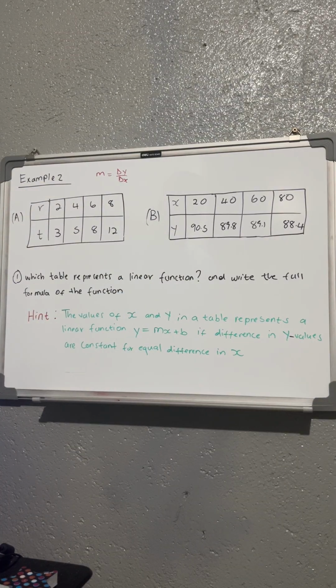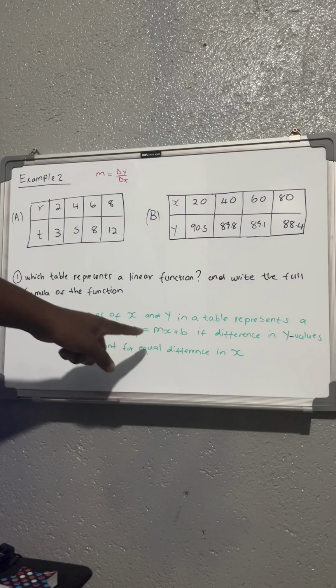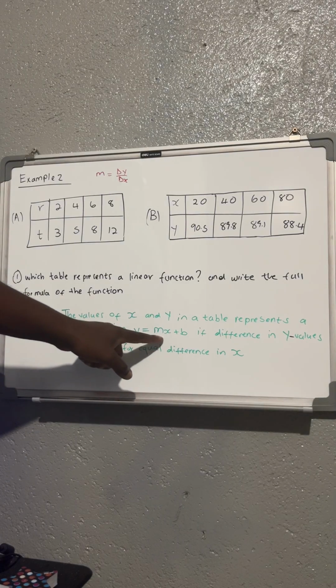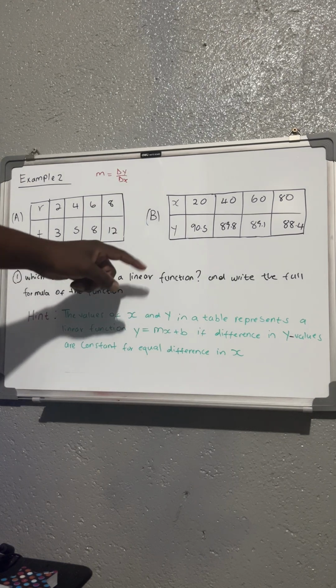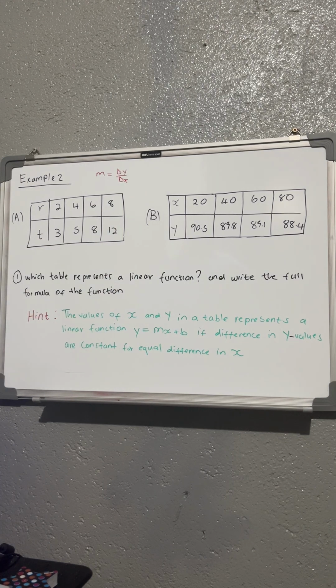You try and find the slope. If the slope is constant, you're getting the same answer, then it definitely means that table represents a linear function, because you are getting a constant slope throughout. But if your slope is changing between the points, it means that table doesn't represent a linear function.